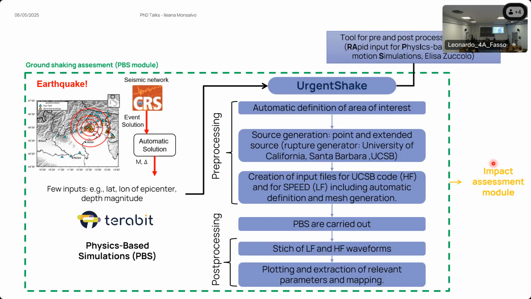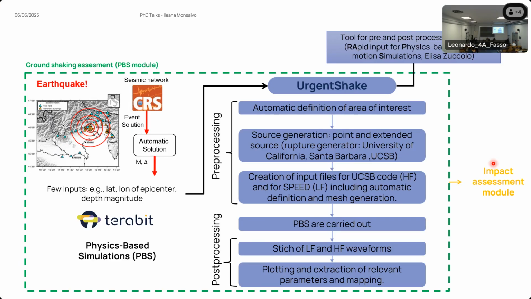The difference here is that, as I mentioned before, this type of simulation is richer in the low frequency range. This is due to the discretization barriers, let's say, of the mesh. These low frequency components are provided by SPEED, as I said before.